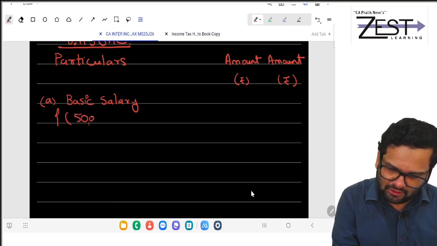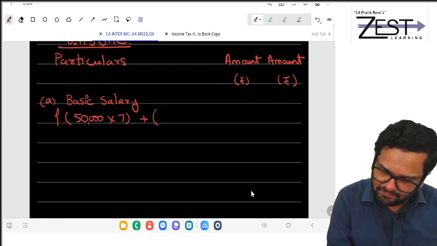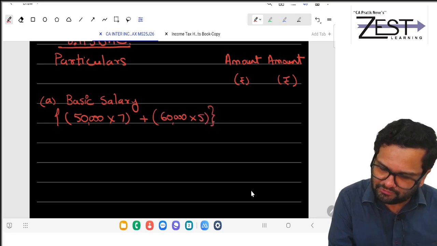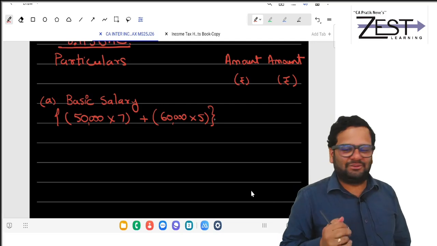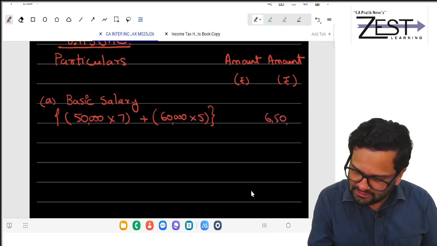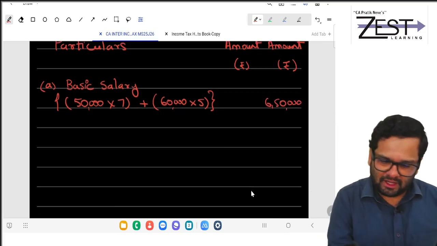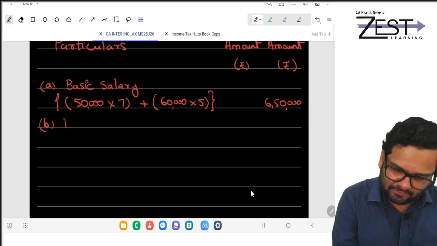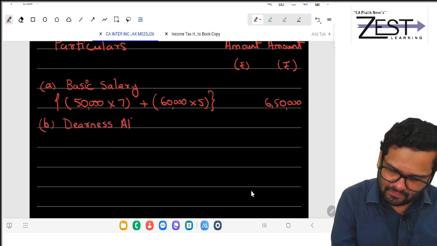So 50,000 into 7 plus, then it became 60,000 into 5. How much are you all getting? 6,50,000. After basic, you have got dearness allowance.